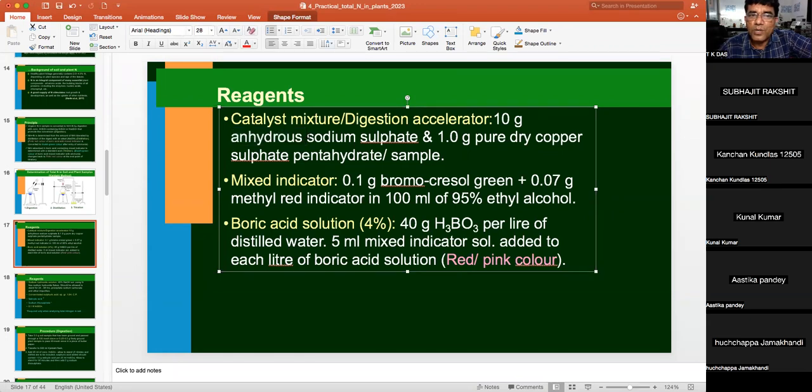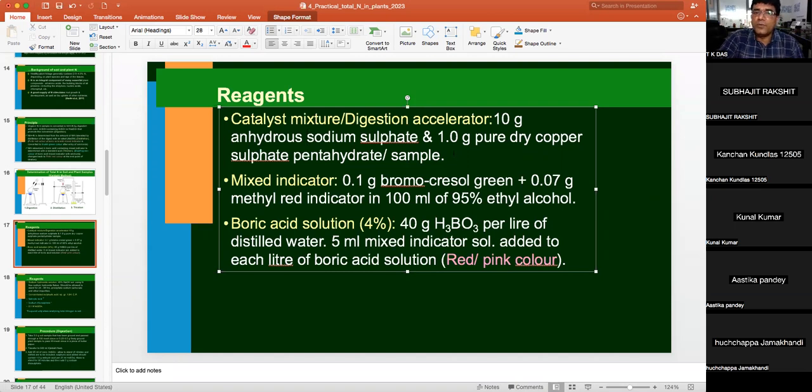For example, ferrous ammonium sulfate, ferrous sulfate heptahydrate, zinc sulfate monohydrate. Monohydrate means 1 H2O. But anhydrous means there is no H2O in the chemical. So take 10 gram anhydrous sodium sulfate and 1 gram pure dry copper sulfate pentahydrate per sample.